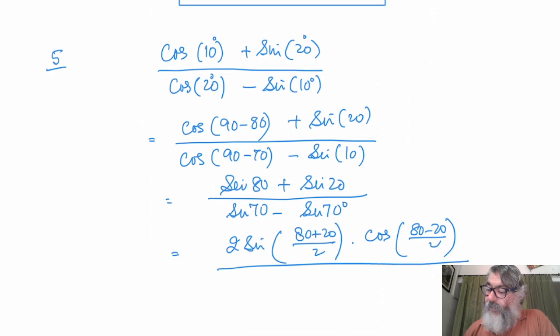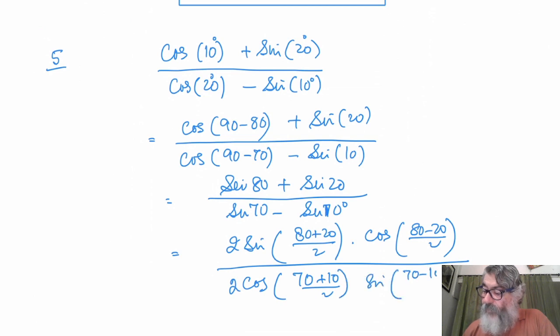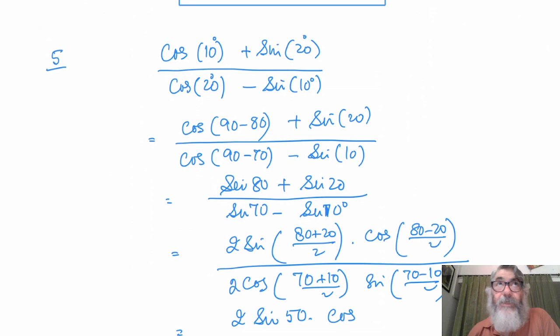In the denominator, it will be 2 cos (70 plus 10)/2 and sine (70 minus 10)/2. It will be 2 sine 80 plus 20 is 100, upon 2 is 50, cos 80 minus 20 is 60, 60 upon 2 is 30.